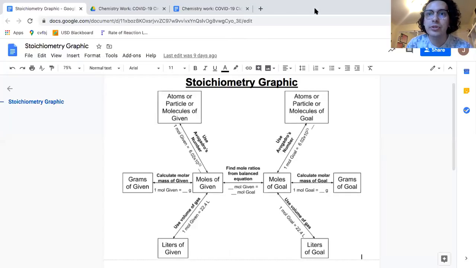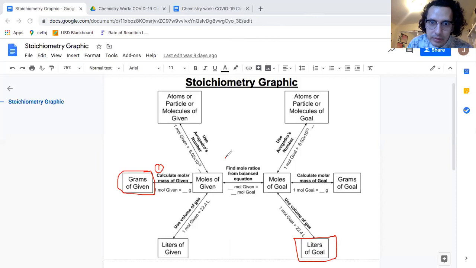So we are going to start at grams of given, and we're going to take step 1 to get to those moles of given. Then we're going to go to moles of goal, and we want to end here.